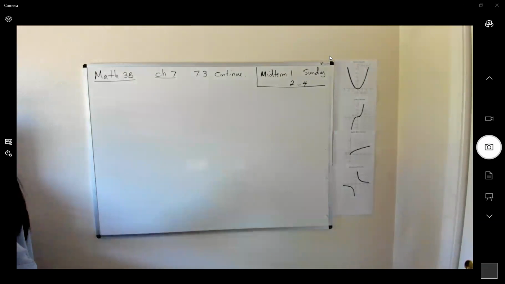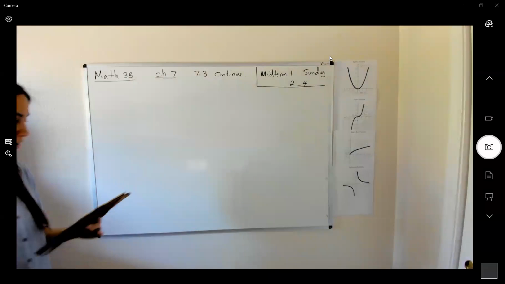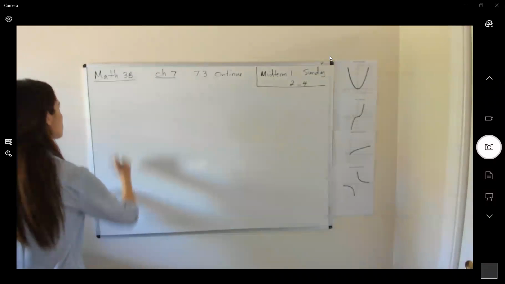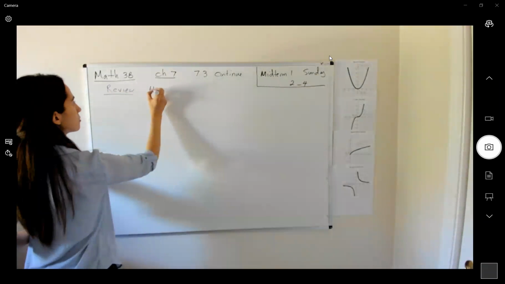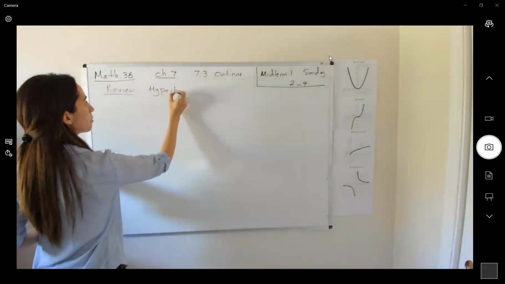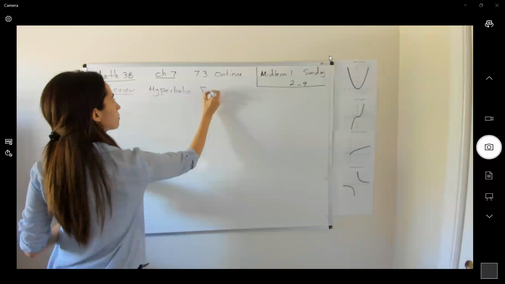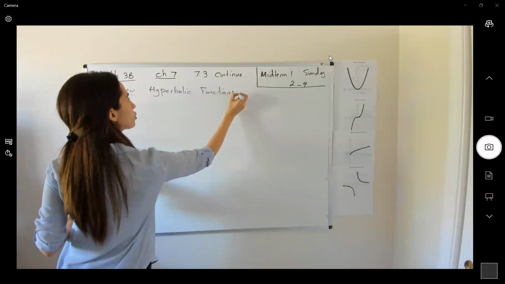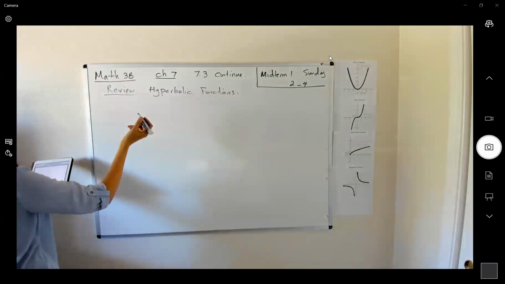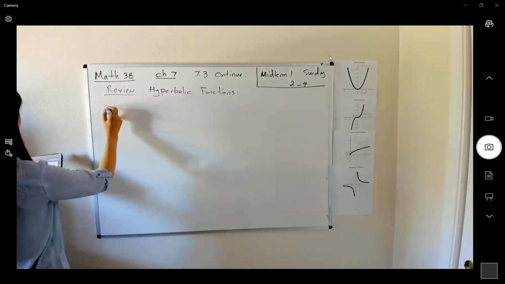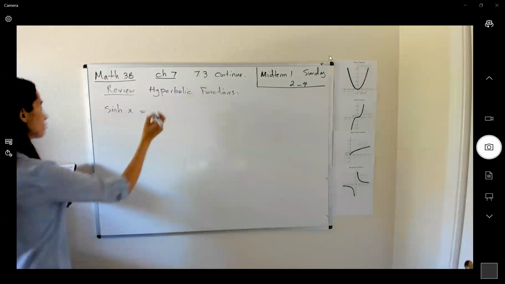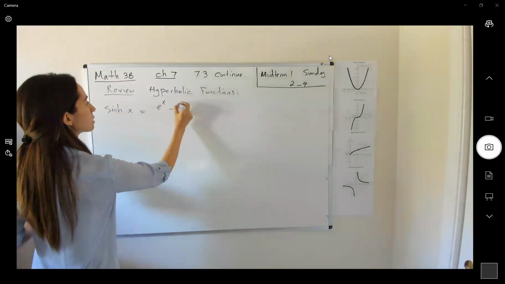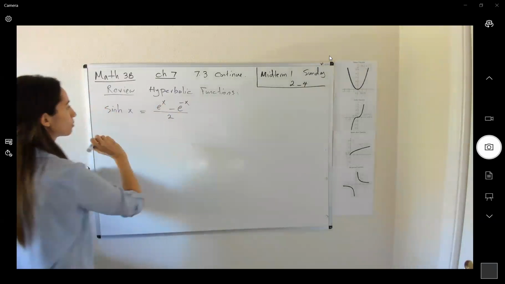So let us review what we learned so far. We learned about hyperbolic functions. So first of all, we defined hyperbolic sine x, which is defined as e to the x minus e to minus x divided by 2.